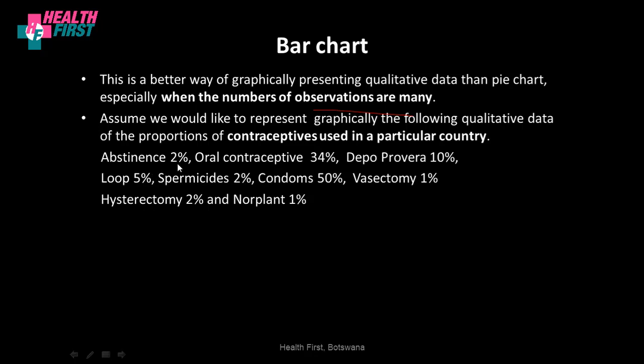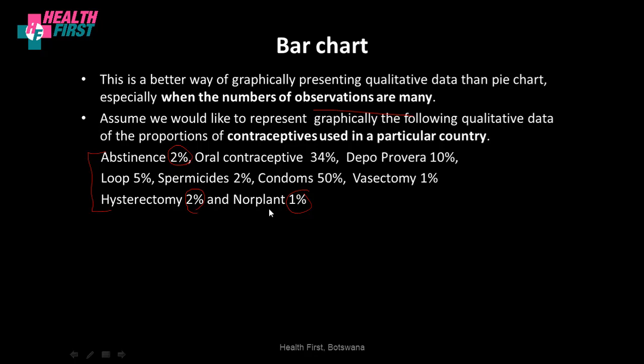If we were to present this data as a pie chart, you wouldn't really notice differences. For instance, here we have 2%, another 2% there, 1% here. These differences wouldn't be evident in a pie chart.